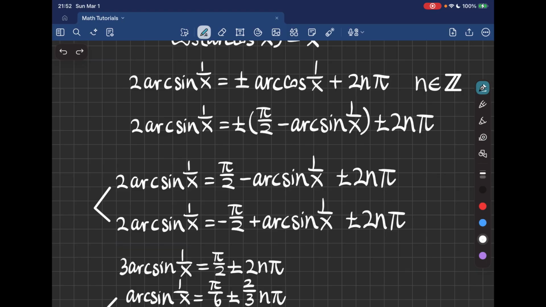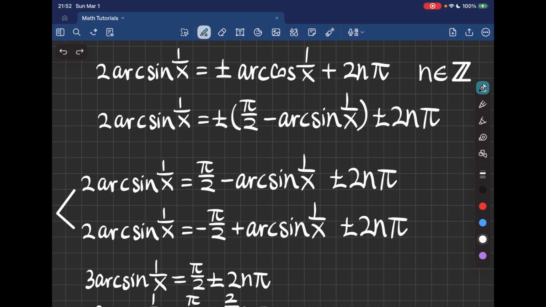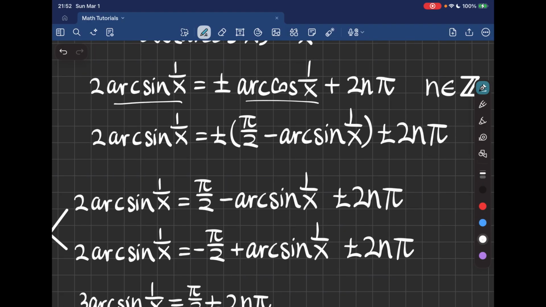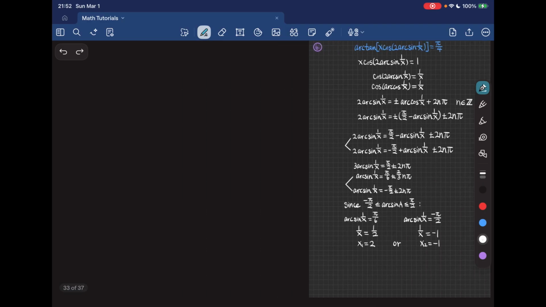Now let's not have arc sine and arc cosine at the same time, because that's really hard to solve. So we can write arc cosine in the form of arc sine. Remember, their graphs are not too different, right? We can go back.